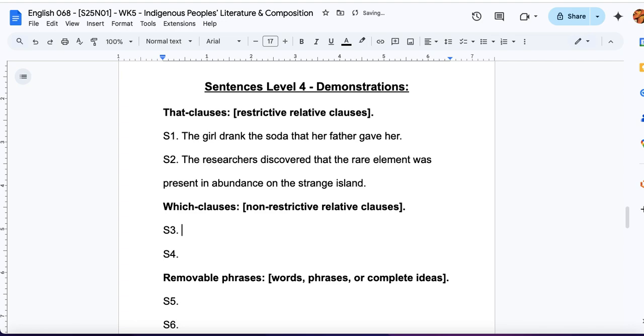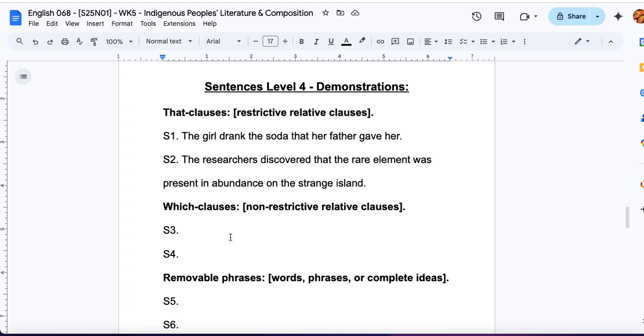Okay, so let's move forward, because we've got to keep these videos relatively short in order to make them attainable for our learners. So we're moving to the next type of clause. Again, "which" clauses are also used to add extra information, but it's non-restrictive, and so they are adding non-essential information.